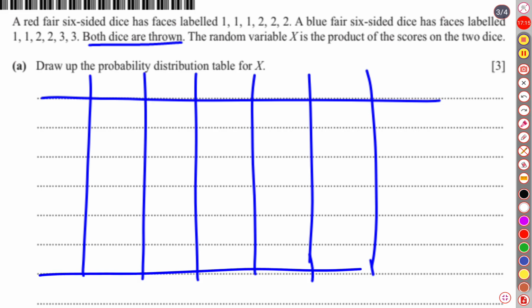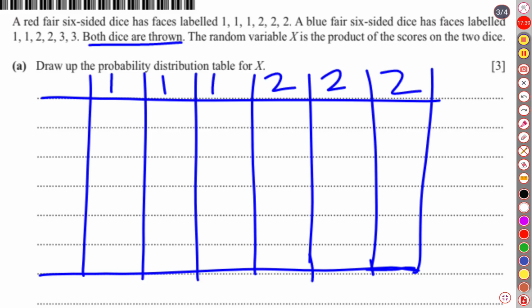This is our scenario. Then the labeled faces on dice 1, the red dice, are 1, 1, 1 and 2, 2, 2.